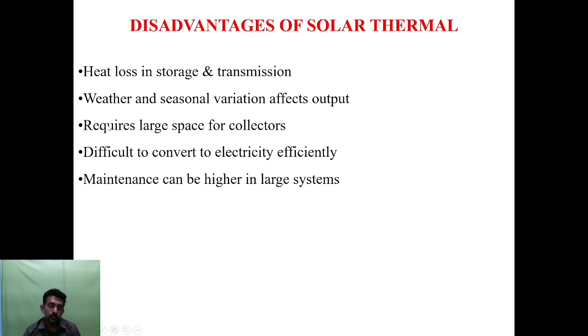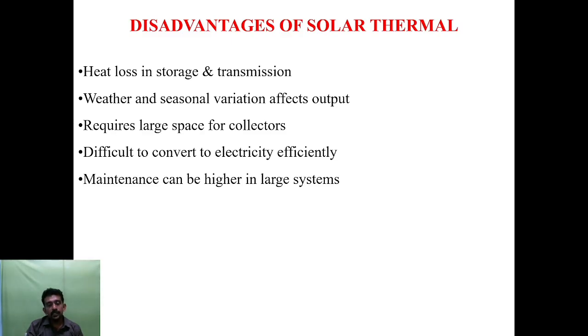And similar to solar PV, it also requires large space for the collectors, and it is difficult to convert to electricity efficiently. However, in case of advantages, we see the efficiency is very much more, but in case of conversion to electricity, already the conversion is around 30 to 31%.